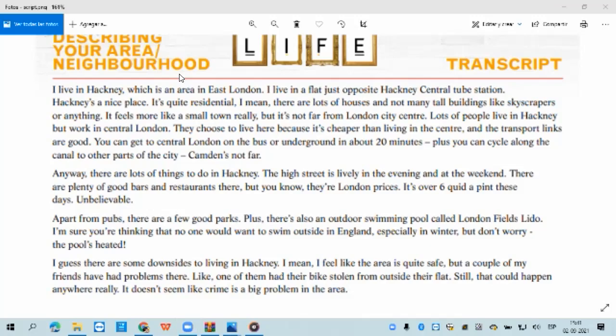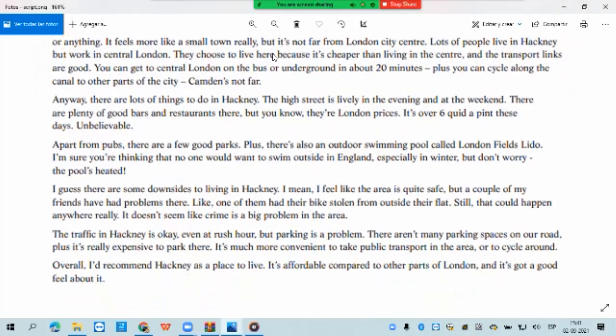I want to ask about the price of the pint. Pint or pint? A pint. It says 6 quid. What is a quid? Quid is the slang word for pound.